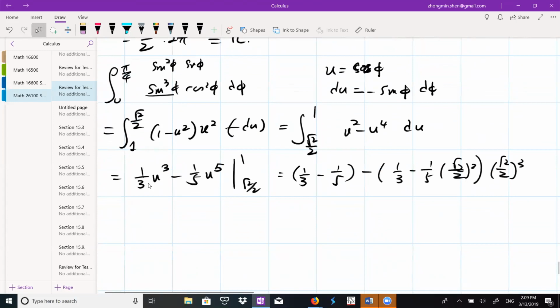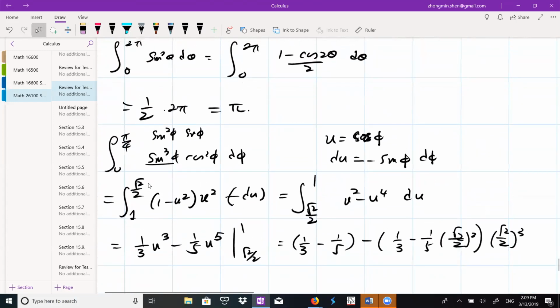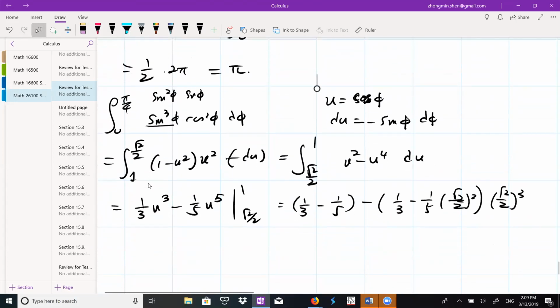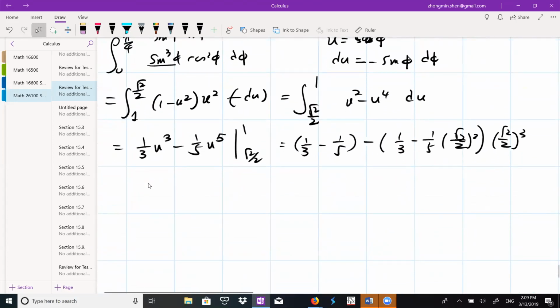Let's leave this answer like this. Then you put back the product of the three numbers. As you see, it's quite complicated.